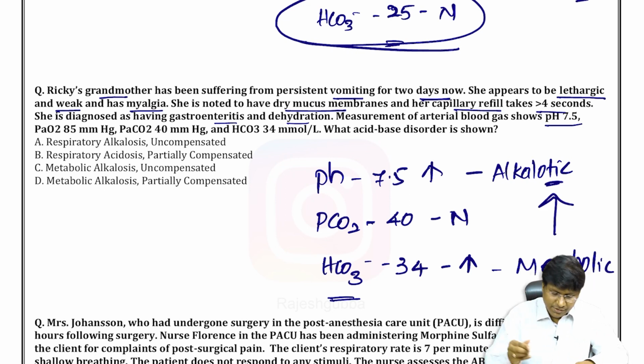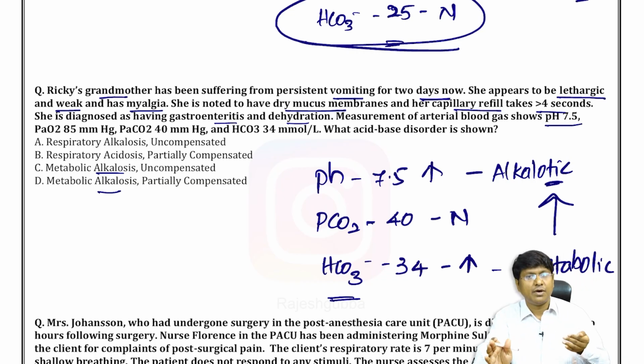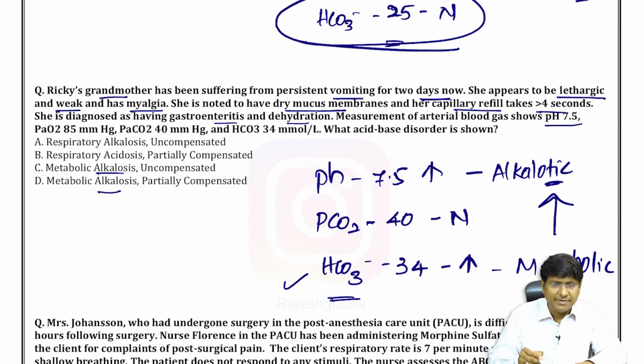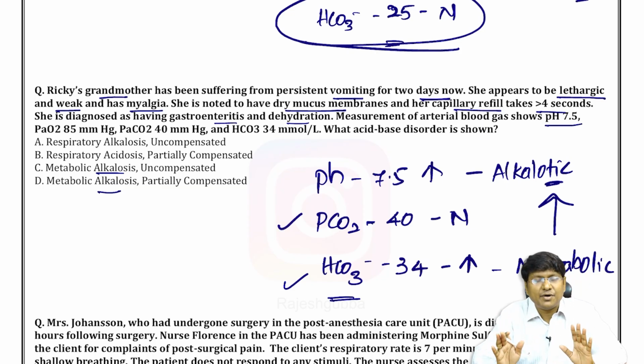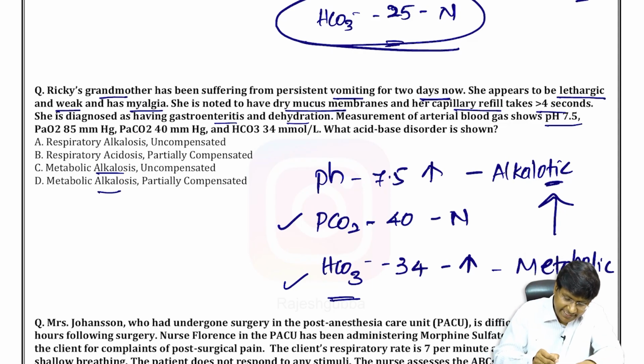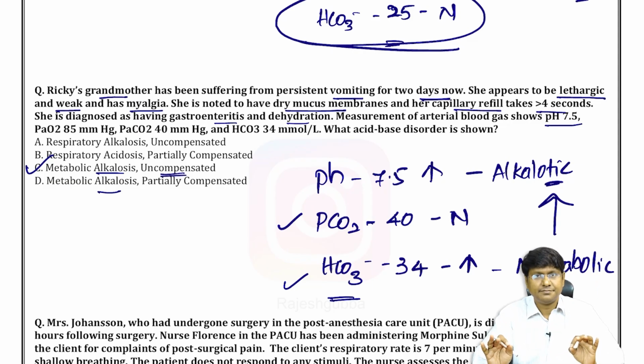For metabolic alkalosis, we have two options: metabolic alkalosis uncompensated, and metabolic alkalosis partially compensated. Now, when the bicarbonate changes, the carbon dioxide also should change. But here what has happened? Your carbon dioxide did not change at all. So we call it metabolic alkalosis uncompensated, right? So the answer here is C.